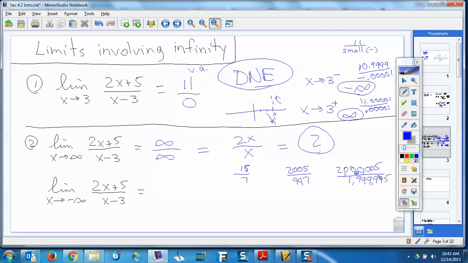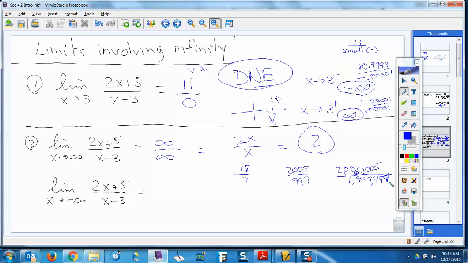Now my guess is that's 2.0000 something, right? So does that make sense? As x gets bigger and bigger, this is going to be getting closer and closer to 2, right? Because the top and the bottom, the 5 and that minus 3, are becoming pretty insignificant.